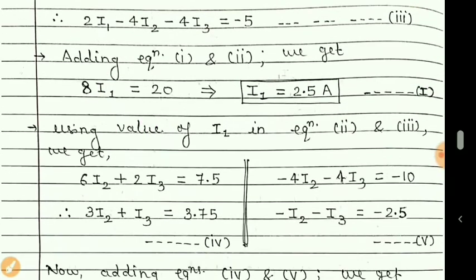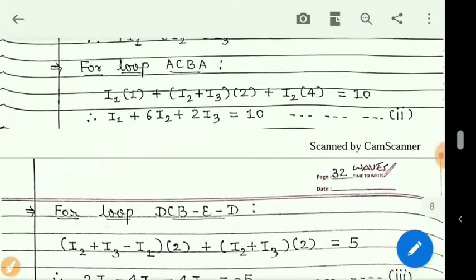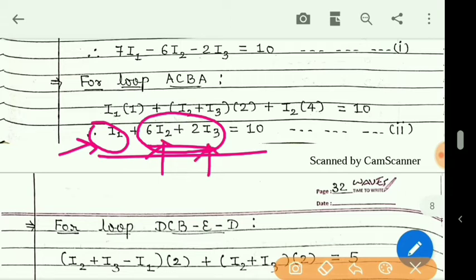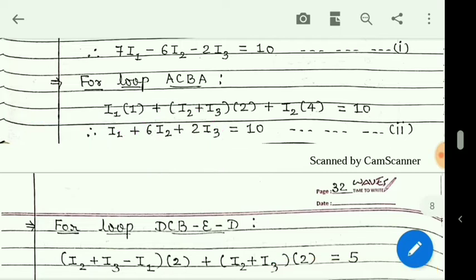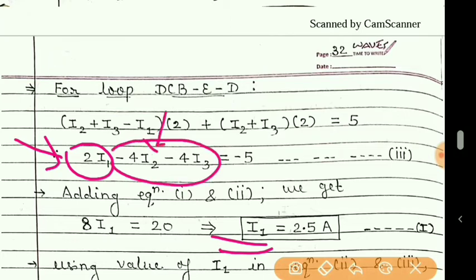Now using this value of I1 in equations 2 and 3. First you have to use this value of I1 in equation number 2. When you use this I1 here, the only variables that remain are I2 and I3. Similarly, when you put the value of I1, which is already obtained, in the other equation, again you will get an equation in the variables I2 and I3.